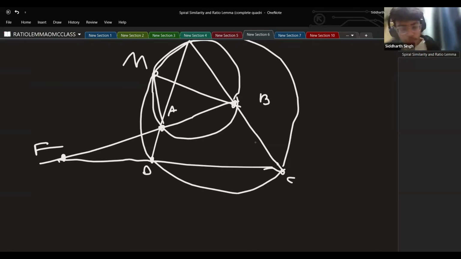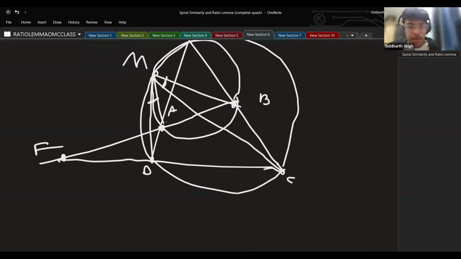This is proof left as an exercise to the reader, but the main point is consider triangles MBC and MAD. Do these triangles look similar? First of all, these two angles are obviously the same because of spiral similarity.